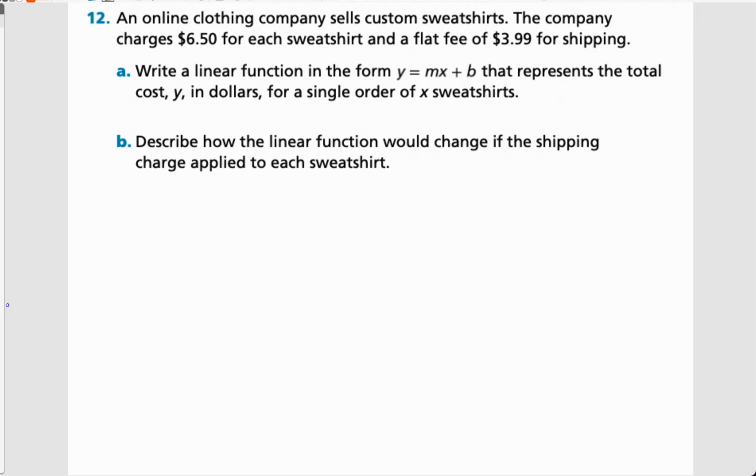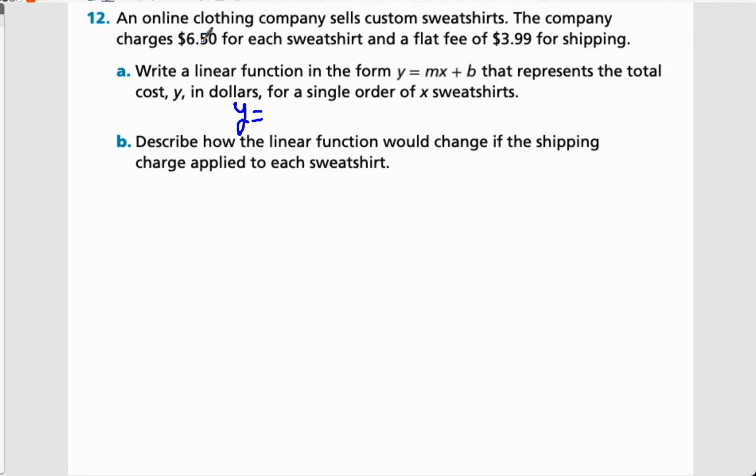All right, an online clothing company sells custom sweatshirts. The company charges $6.50 for each sweatshirt and a flat fee of $3.99 for shipping. Write a linear function in the form of y equals mx plus b that represents the total cost y in dollars for single orders of sweatshirts x. So that would just simply be y equals, it's $6.50 for each sweatshirt.